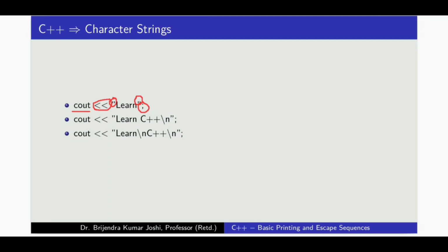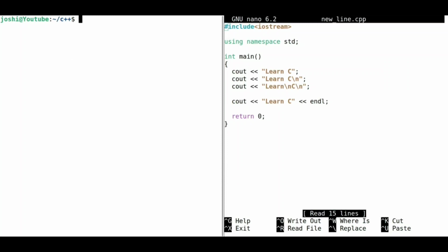Okay, so let us see how it behaves when it comes to printing. I have already written a program, and that program has already been compiled, for new line. This is the standard way of including a header file, and hash include is the preprocessor directive.